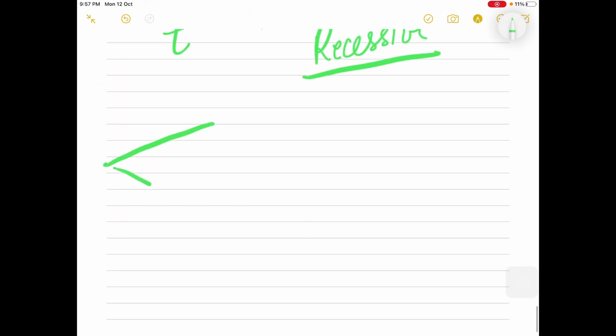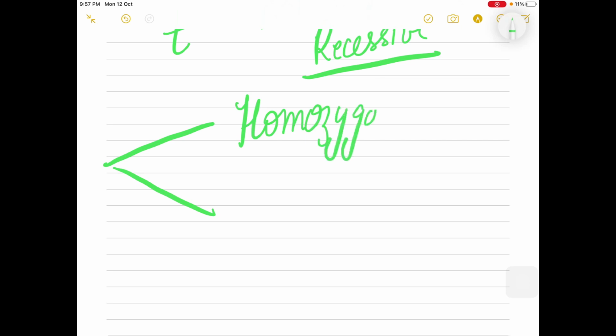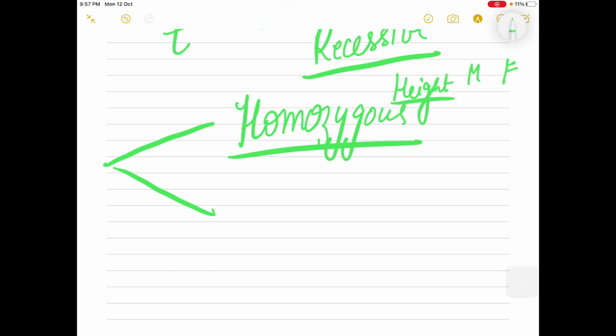Then I put a very new word for you, that is homozygous. Suppose height is a character and there is a mother and a father. Mother is having capital T, father is having capital T, small t. Now there are chances that this combination will come in the child.